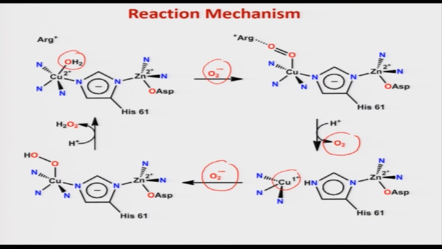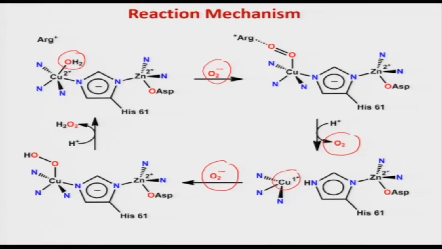So, this is a proposed mechanism of how superoxide gets oxidized and reduced, while the metal copper gets reduced and oxidized. Okay. And they are helping each other, they are coupled, both redox processes are coupled in such a fashion that the speed up of these reactions becomes very, very high.